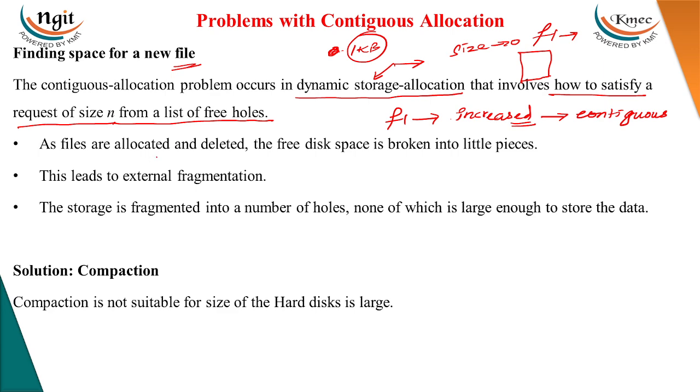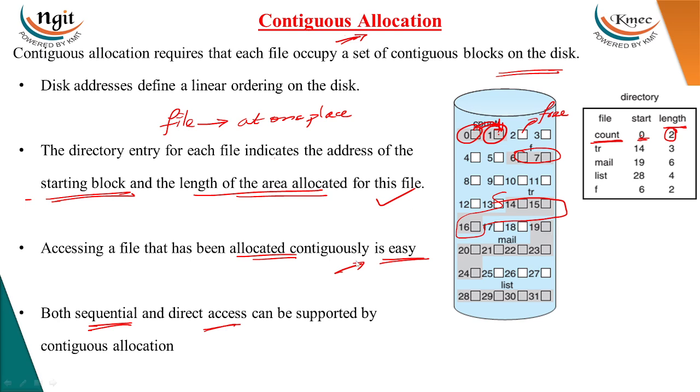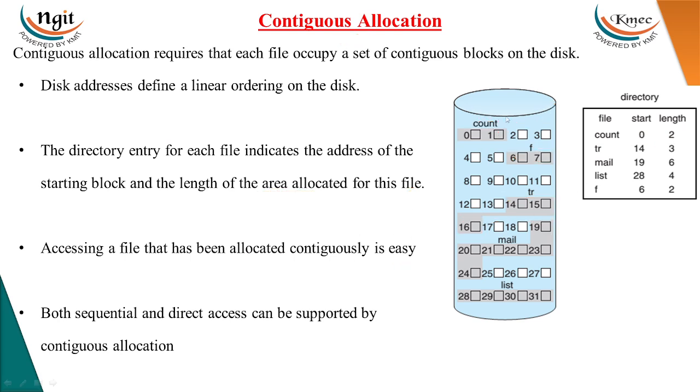Similarly, as files are allocated and deleted, the free disk space is broken into little pieces. The problem comes here: we have given contiguous blocks 0 and 1 to count, and blocks 2, 3, 4, 5 are free.